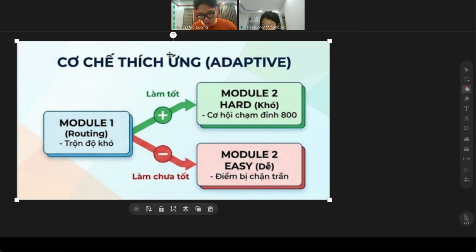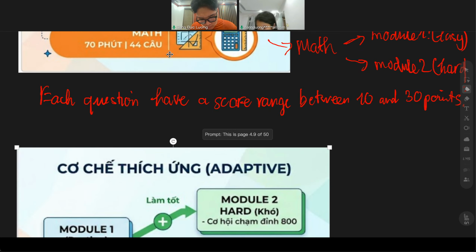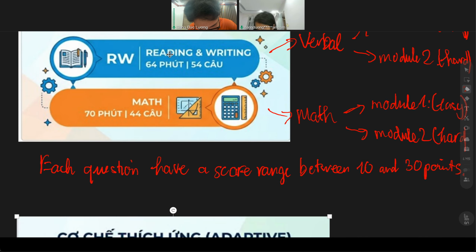First you will have to do Module 1 to get to Module 2, and each module is given 27 minutes for the verbal part, and 32 minutes for each module here.